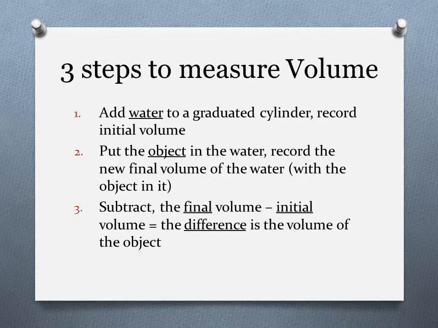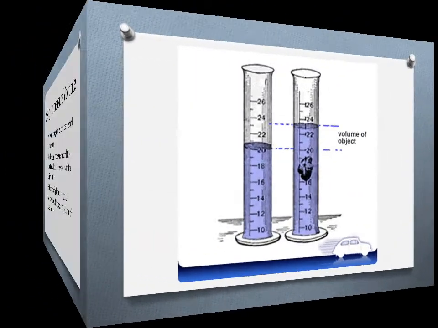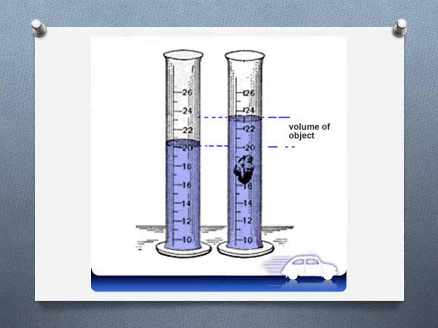To find the volume of an irregular object, you need to subtract the initial volume from the final volume. So you would have the final volume minus the initial volume, and that equals the difference in the volume of the object. So here's an example.